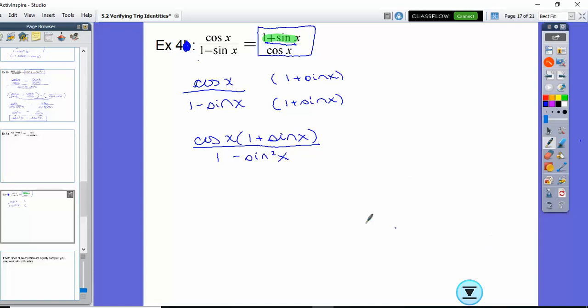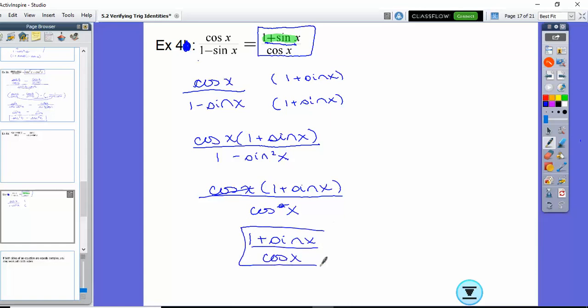It's just cosine squared. 1 minus sine squared is cosine squared x. Then what happens? Cosines cancel out. We cancel 1 cosine. So we have 1 plus sine x over a cosine x.